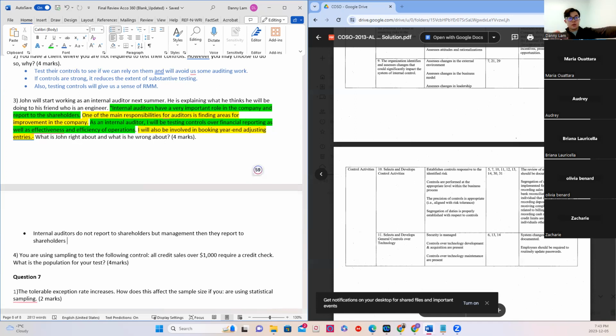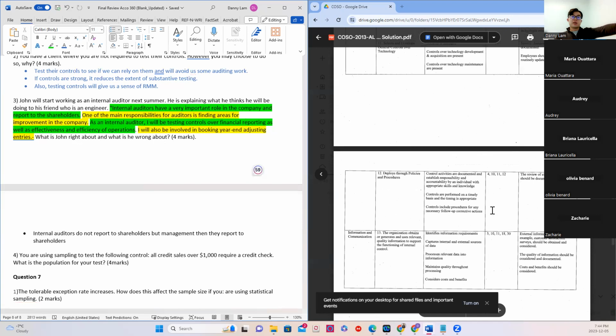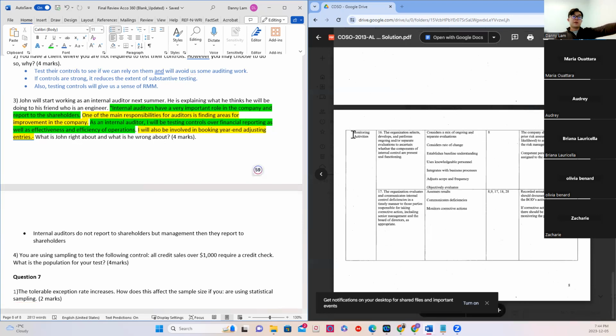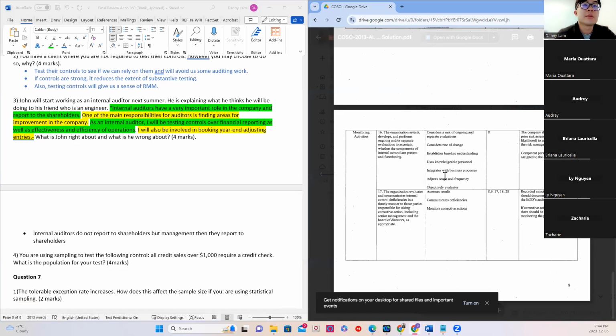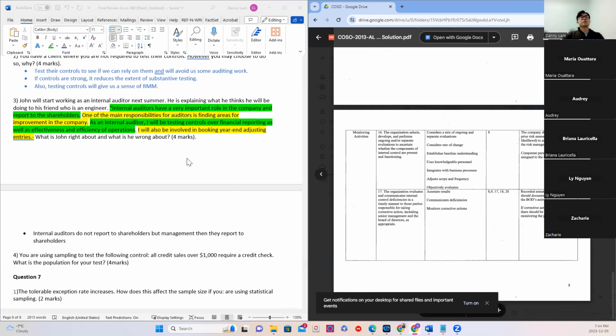So who else reports to the BOD, guys? Look in monitoring activities. Is it external auditor and management? Yeah, exactly. So to the BOD, we established that it's the external auditor. And management, yeah, you're right.